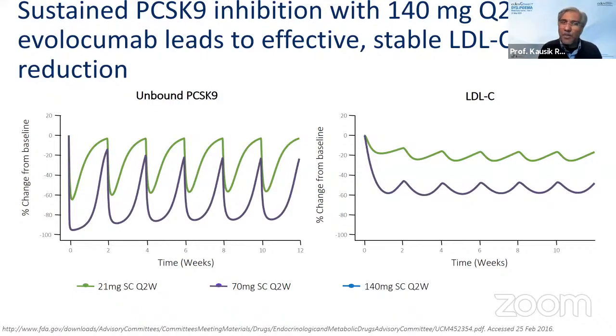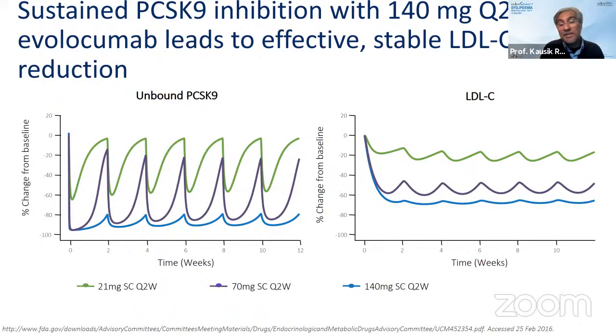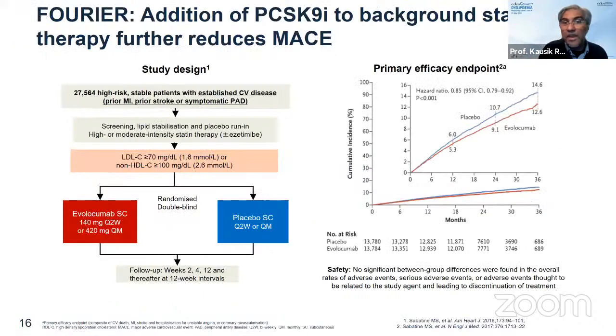But if my bucket's not big enough, I'm going to have to replace it quite quickly, maybe in a few days, maybe in a week. If I use a bigger bucket, I'm going to collect the PCSK9, and I can leave it longer before I have to leave the kitchen, if you will, and replace and get a bigger bucket. So I can get a very stable reduction in LDL cholesterol.